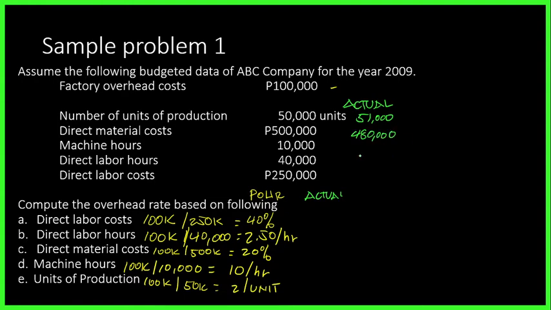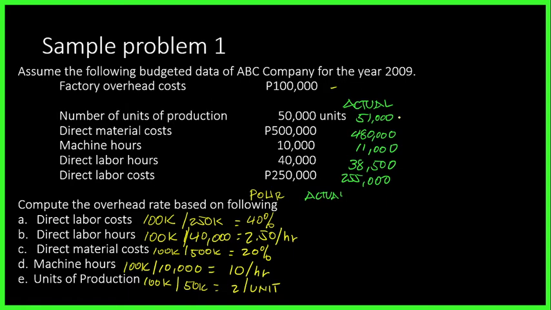For machine hours, siguro gawin natin 11,000 na lang. And then for direct labor hours, let's say we have 38,500, and then you have your direct labor cost, which is let's say 255,000.